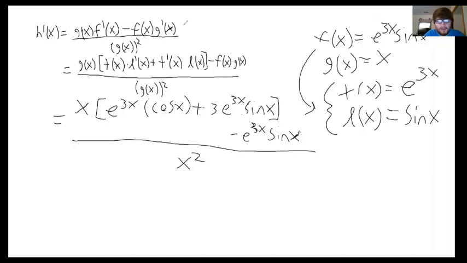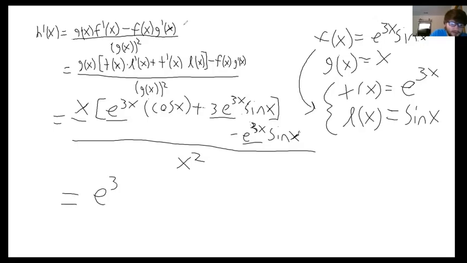Just simplifying everything real quick, we can go ahead and rewrite this. We notice that e to the 3x is in all parts of this, so we can go ahead and pull that out all together, and we can distribute this x to the inside to both of these. So I'm going to do that all in one step.